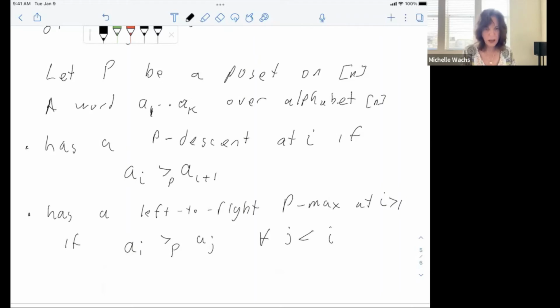So I'm requiring I to be bigger than 1. So everything to the left of it is smaller than that letter in the order given by P.